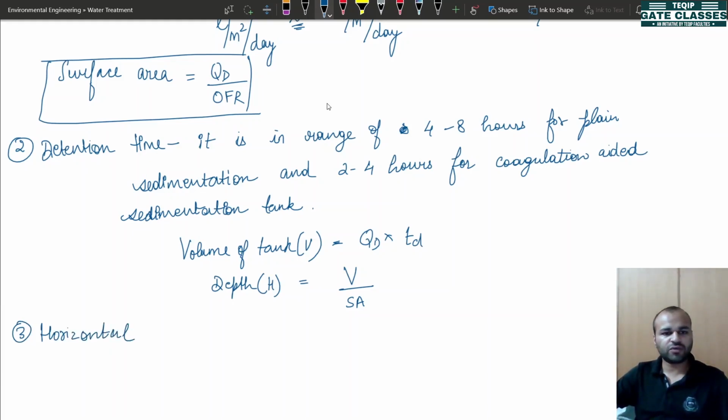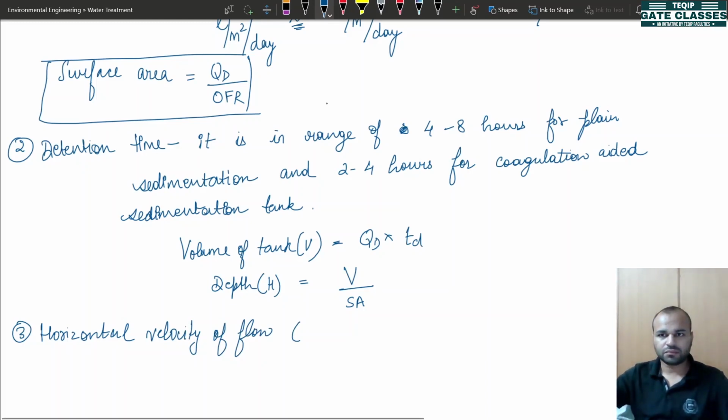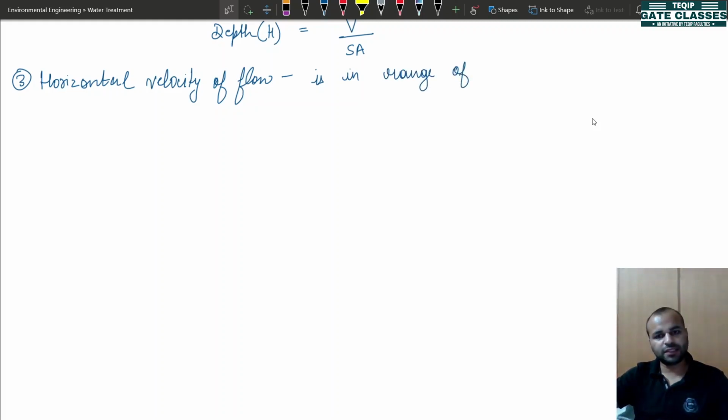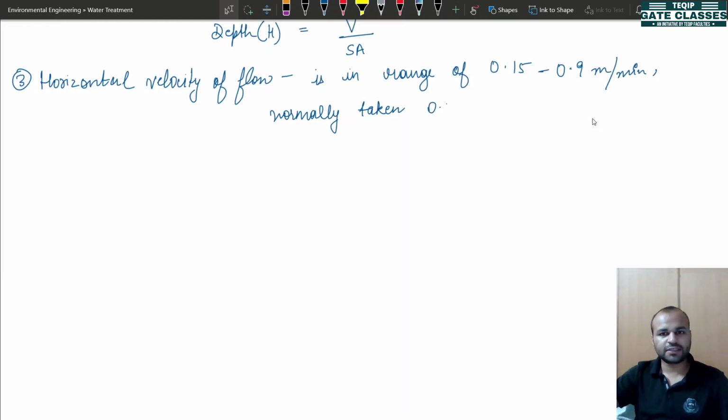Okay, next term we have is horizontal velocity of flow. So the horizontal flow velocity is in the range of 0.15 to 0.9 meters per minute, which is normally taken as 0.3 meters per minute.